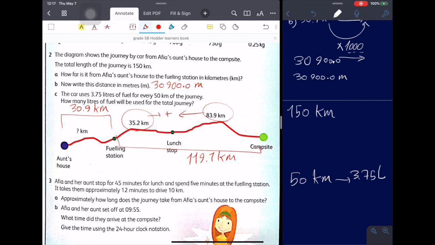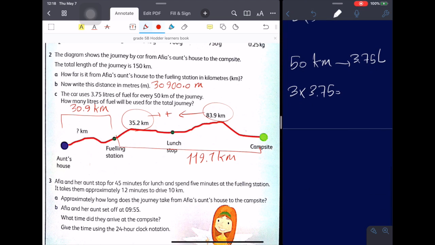Now I ask you, how many 50 kilometers do we have in 150? Exactly. We have 3 times 50 kilometers. It means we are going to use 3.75 liters of fuel 3 times. So let's see, how much would it be in total? So there will be 3 times 3.75.